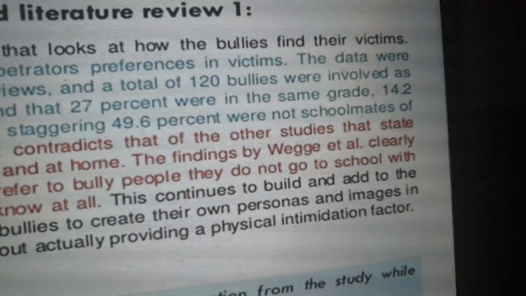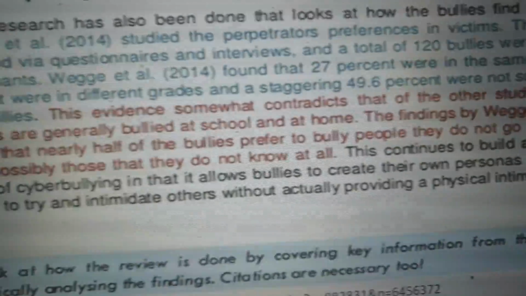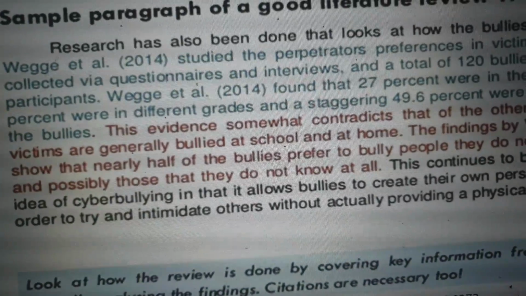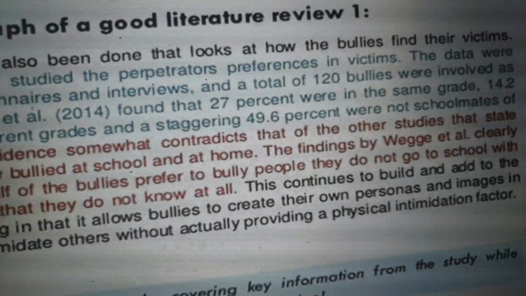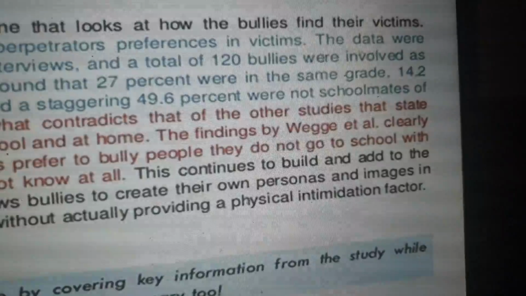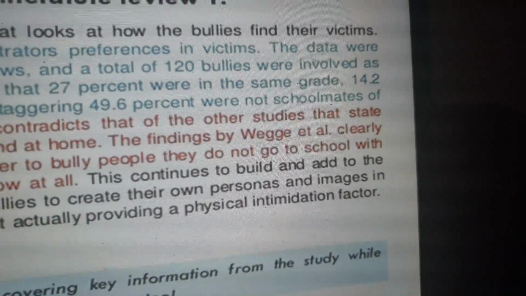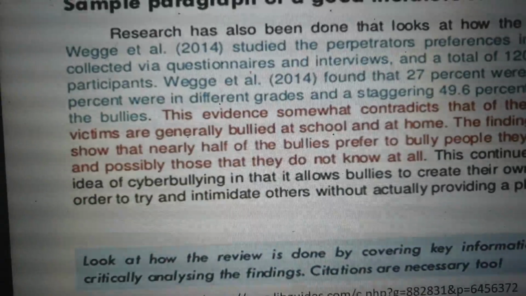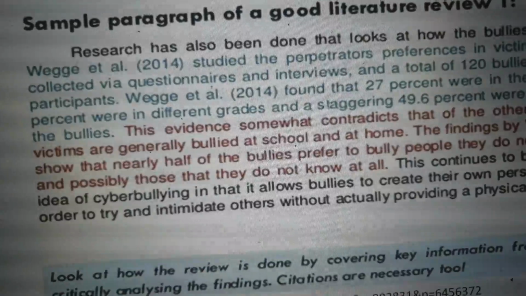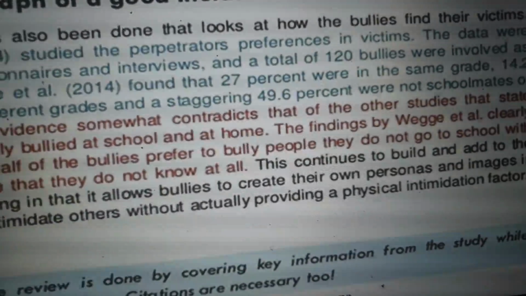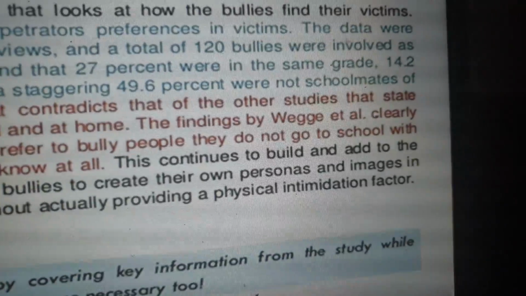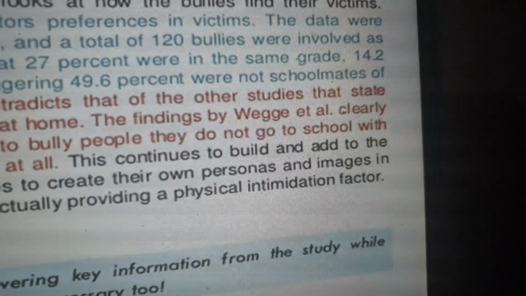This continues to build and add to the idea of cyberbullying, in that it allows bullies to create their own personas and images in order to try and intimidate others without actually providing a physical intimidation factor.